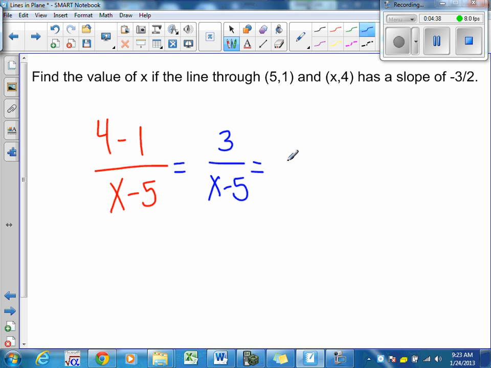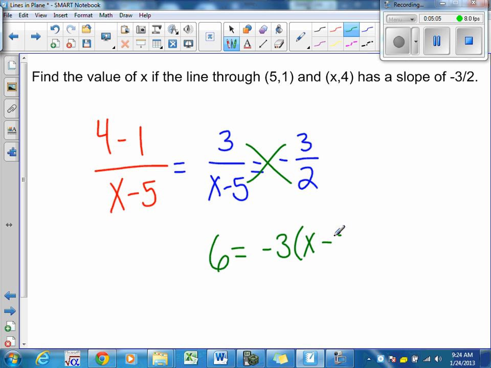And this equals our slope of -3/2. Now, on one like this, you can see the top is 3 and 3. You may be able to just guess and check to figure it out. But when you're unsure, the way we want to solve these as you get fraction answers and more difficult things is cross multiply. 3 times 2 is 6, and then negative 3 times x minus 5.